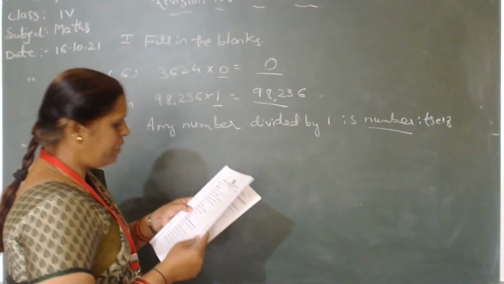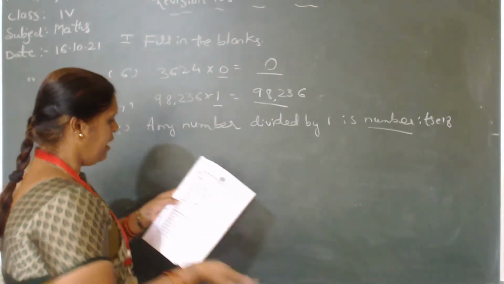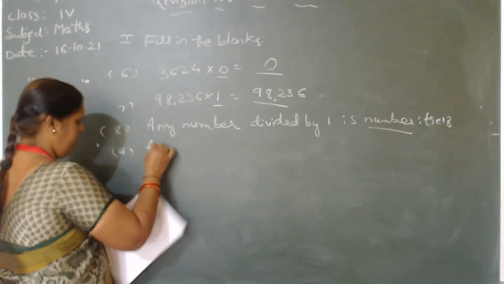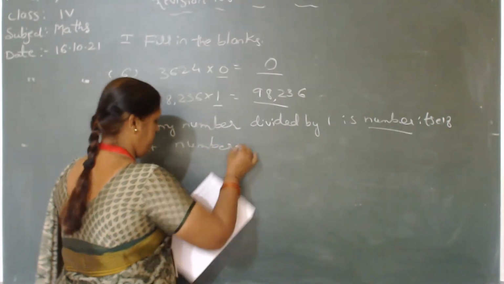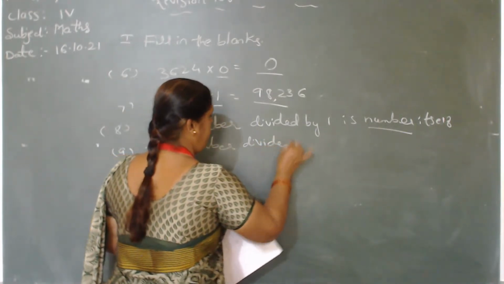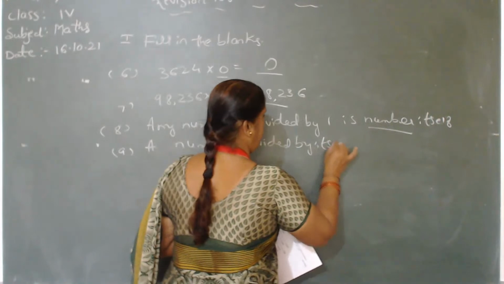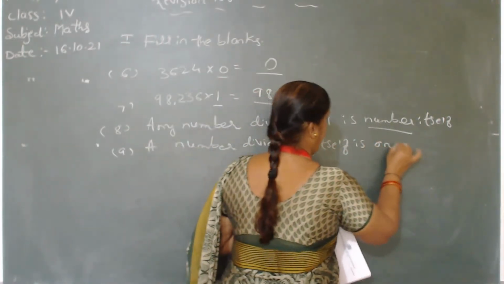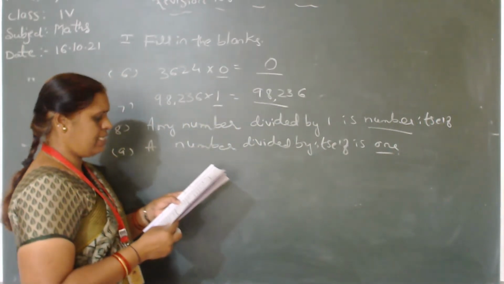Then any number divided by itself is 1. Any number divided by itself is 1.